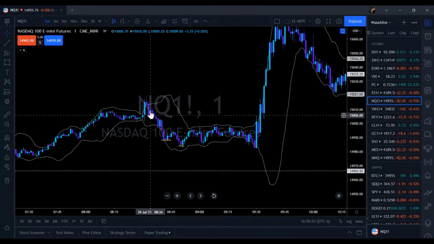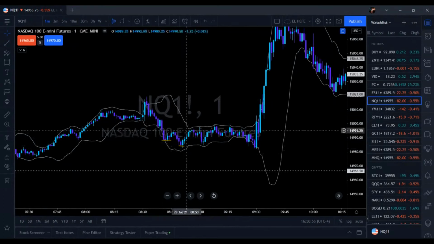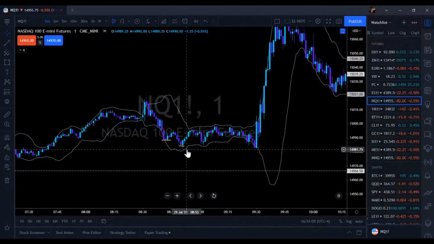You've got to understand the way Bollinger Bands work. Bollinger Bands are supposed to capture, with this particular setting, probably about 85% of the price action, maybe 90. I don't know the exact number, but it captures most of it.